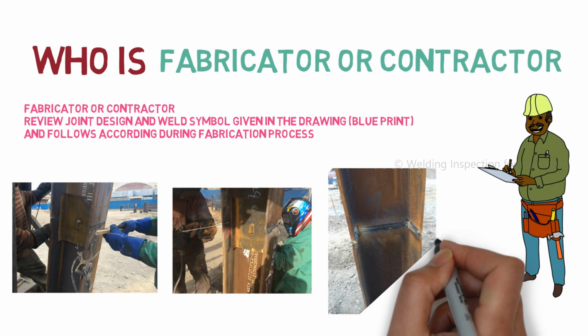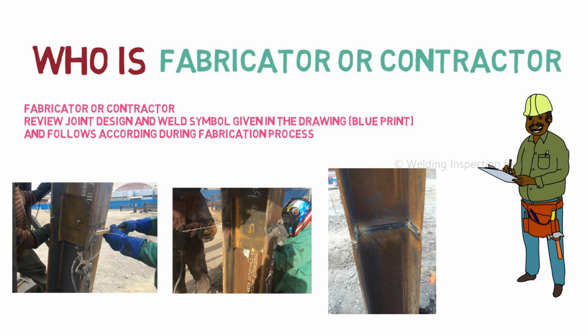The fabricator or contractor cannot decide what type of welding is needed for that particular joint. He just needs to follow the total instruction given in the specification or in the blueprint. He also reviews the drawing and inspection requirements based on the specification and schedules inspection associated with the welding process.